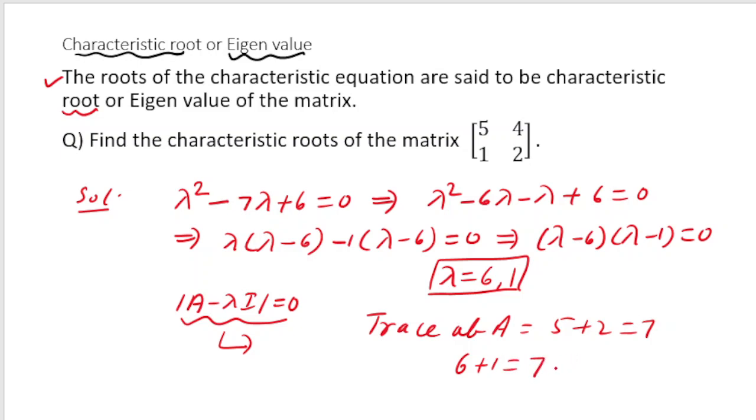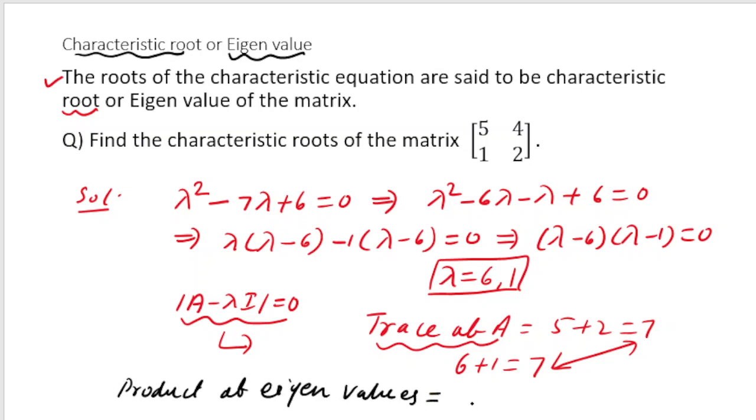So there is an interesting characteristic that the trace of a matrix should be equal to the sum of eigenvalues. Another interesting observation I want you to make is the product of eigenvalues.